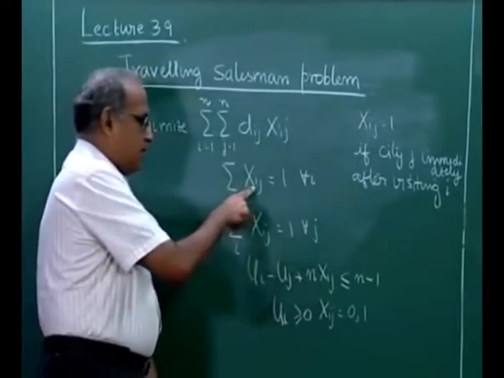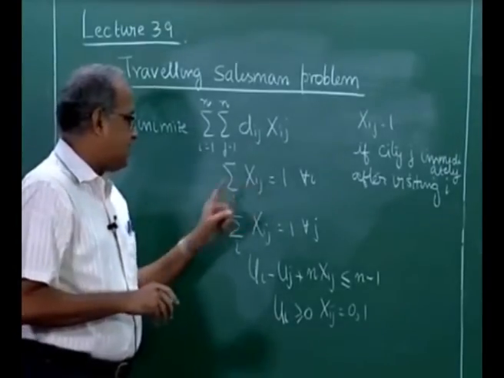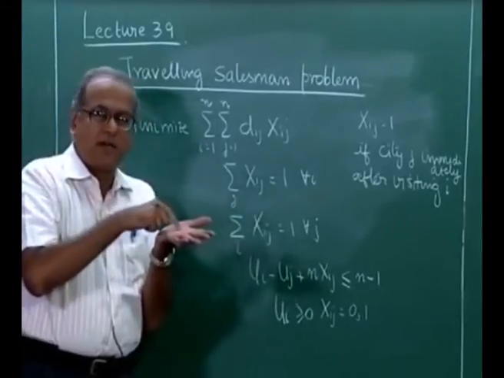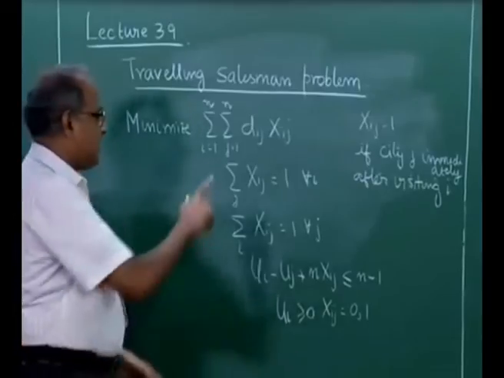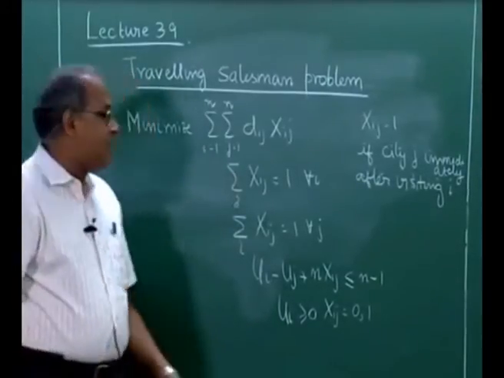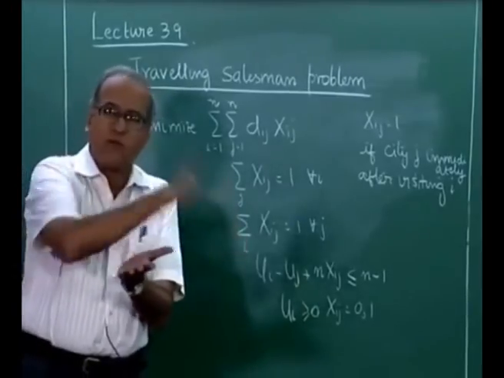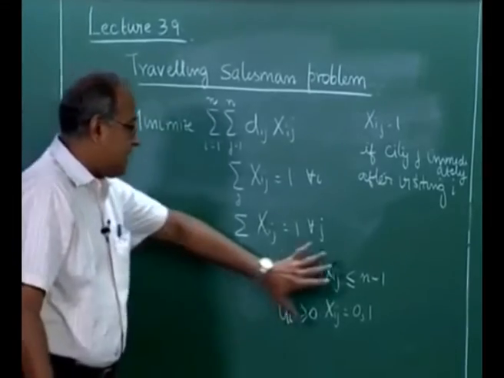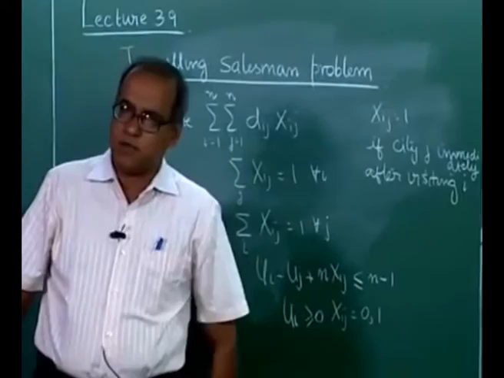Now this will ensure that if a salesman is in a particular city, Xij equal to 1 summed over j, which means if the person is in a particular city, the person has to visit only one city immediately. So that will be taken care of by this. And if this person is in a particular city, he or she should have come from one city, so that is taken care of by this. But then we need the extra constraints, otherwise the TSP will become an assignment problem.